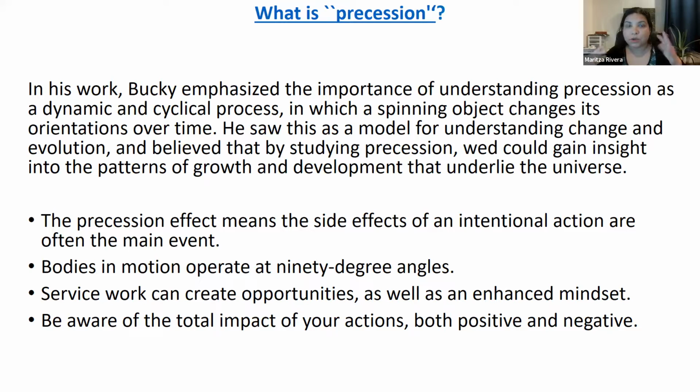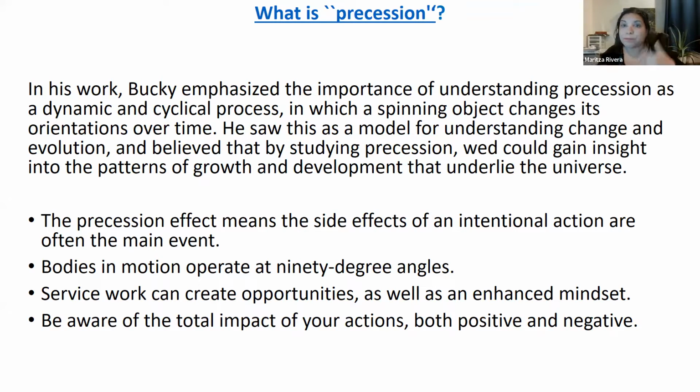This notion of precession, if we internalize it in our day-to-day and see that it can be applied to everything, boils down to this, I don't want to use the word basic, but maybe vital concept, where if we move with intention, we become aware that everything we do has some type of impact.